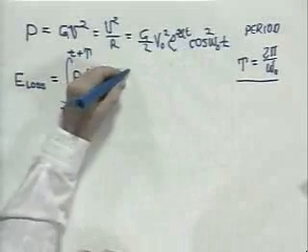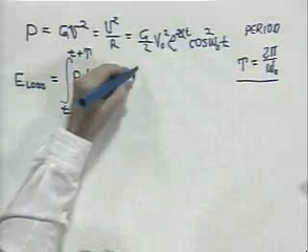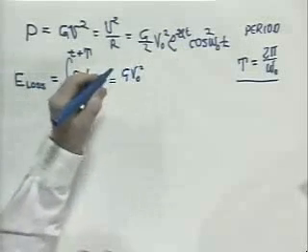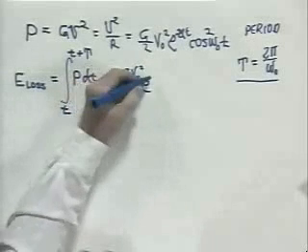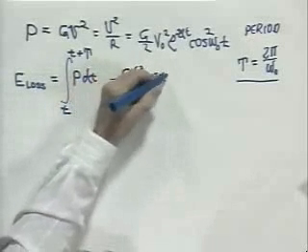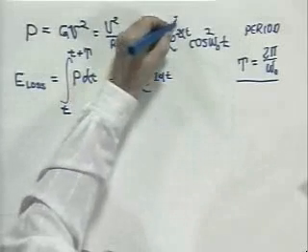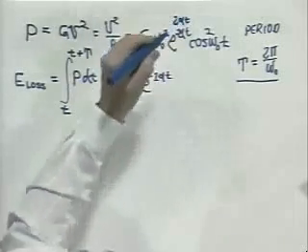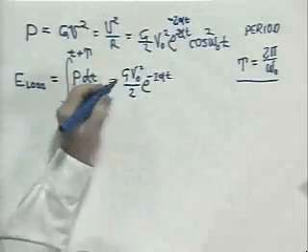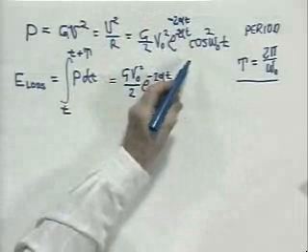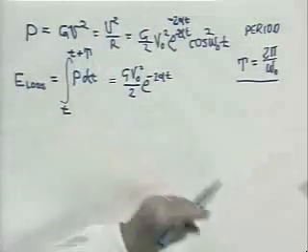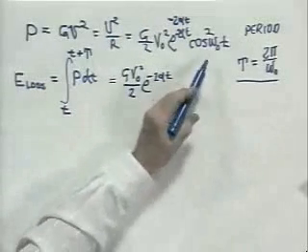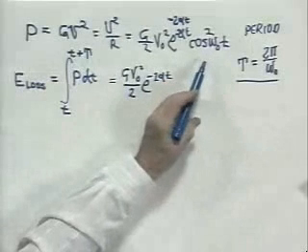So we get out front G V0 squared over 2 e to the minus 2 alpha t. This wasn't very clear up here. It's 2 alpha t. E to the minus 2 alpha t times the integral of cosine squared omega naught t from t up to t plus capital T over a period. This is readily integrable.